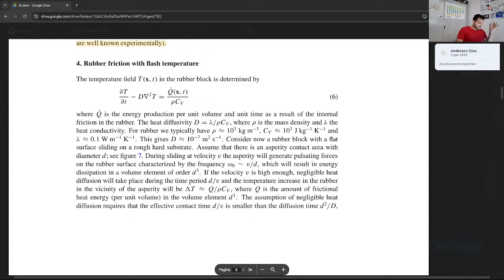So, this results in an energy dissipation in a volume element, and this volume element has a size of the order of d, so its volume is of the order of d to the power of 3. Okay, nice.